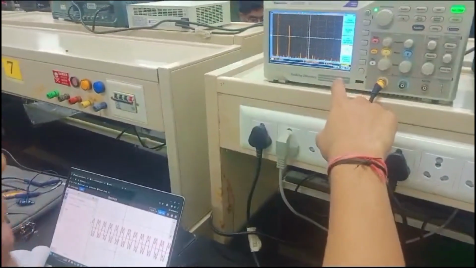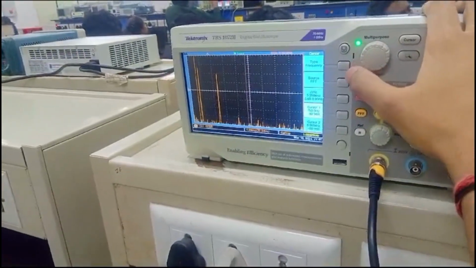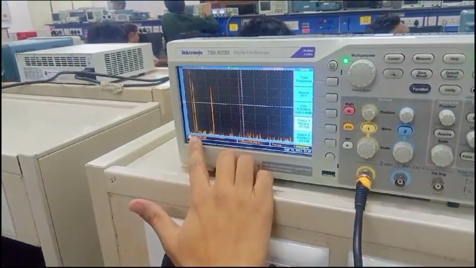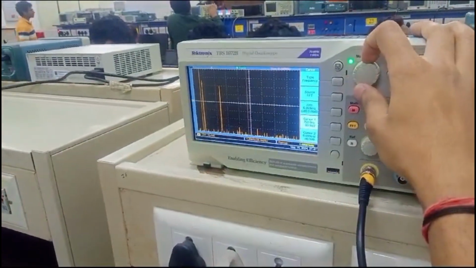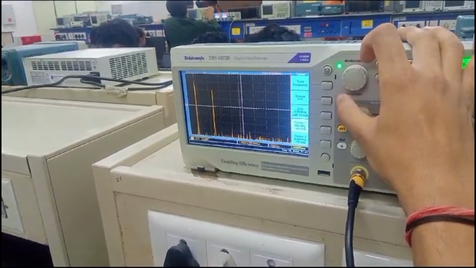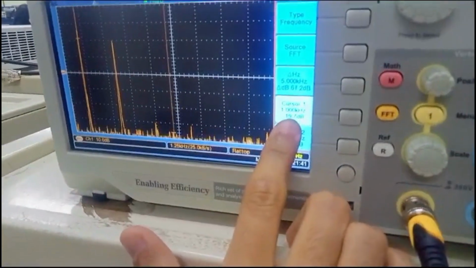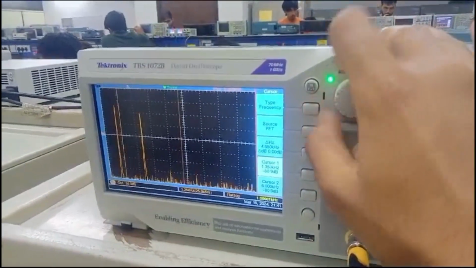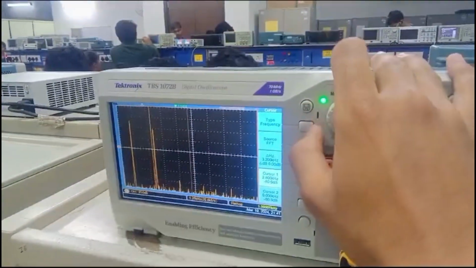this is the FFT view of the signal we have got as the output. And let's check the cursor frequency. The first peak should come around 1 kilohertz and the second should come around 3 kilohertz. So let's move the cursor and check. Yes, we see that the first peak is at 1 kilohertz frequency, and I move it to the second peak.